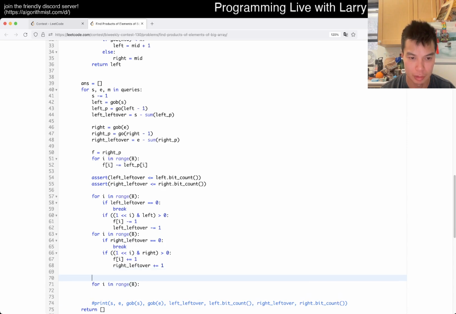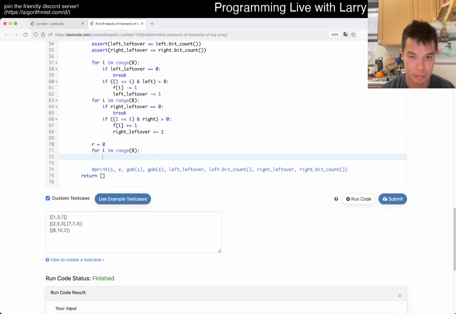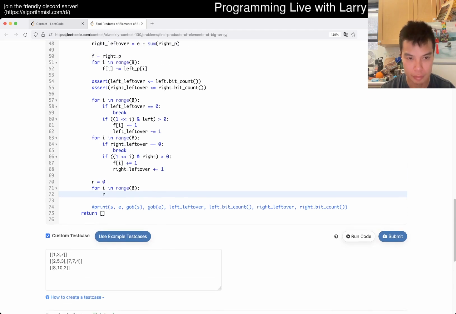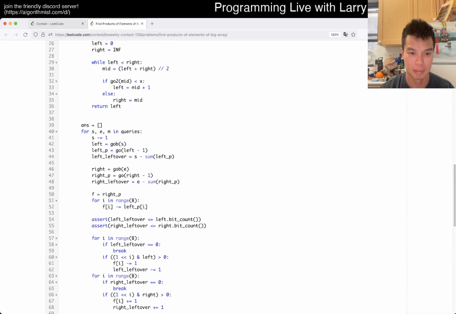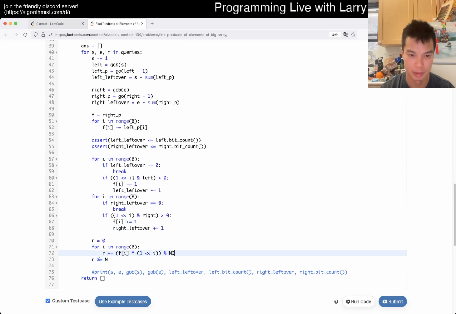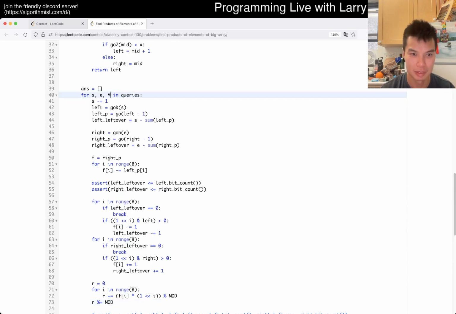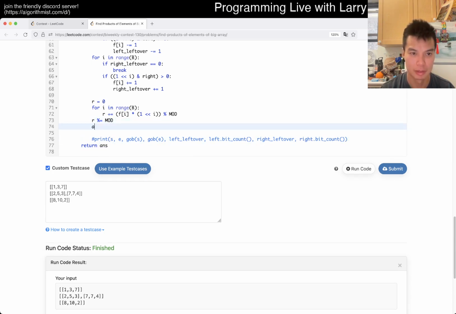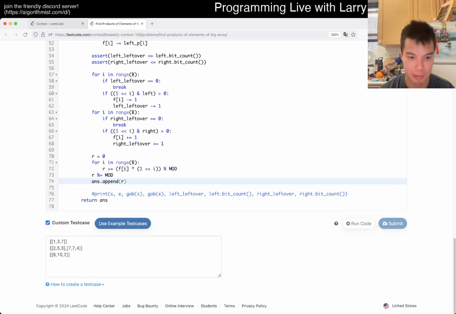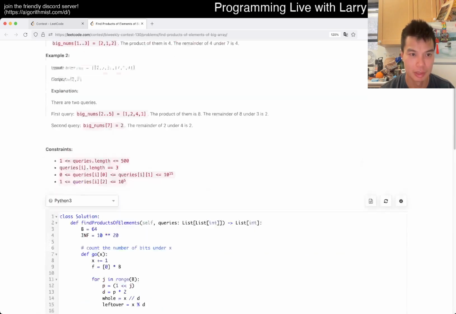Okay. It's not mod, it's M from, okay, fine. I'm really worried about off by ones, but I think this is a good start. 6.